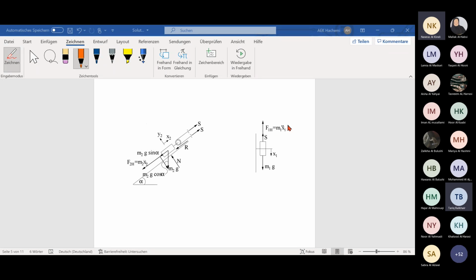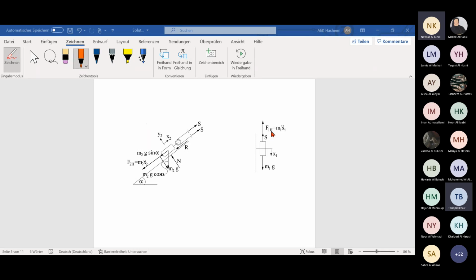I note it by F1H. F1 corresponds to the mass one, H for horizontal. If you remember, in the lecture we also noted it by Ft.